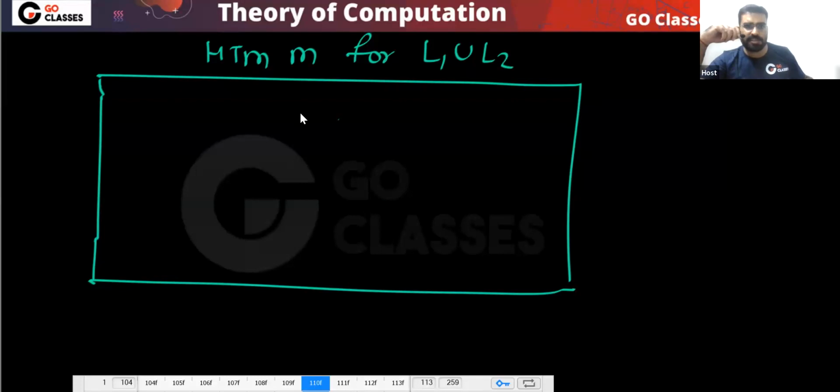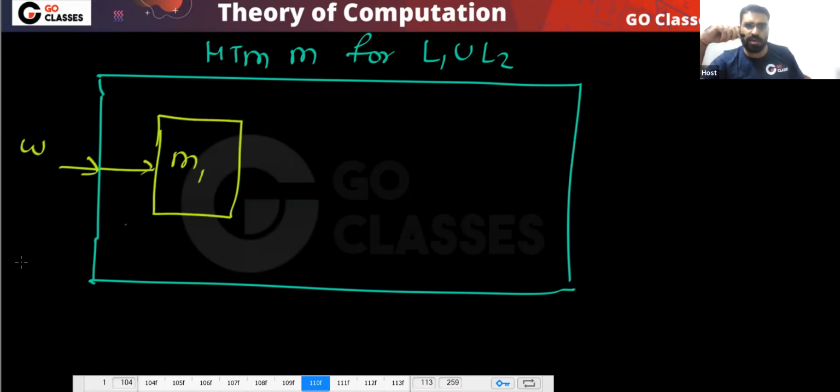If you take any input string W, first you run M1 on W. If it says yes, will I run M2? No, there is no need. So it will definitely halt. Do you agree it will definitely halt? Yes, it will definitely halt.